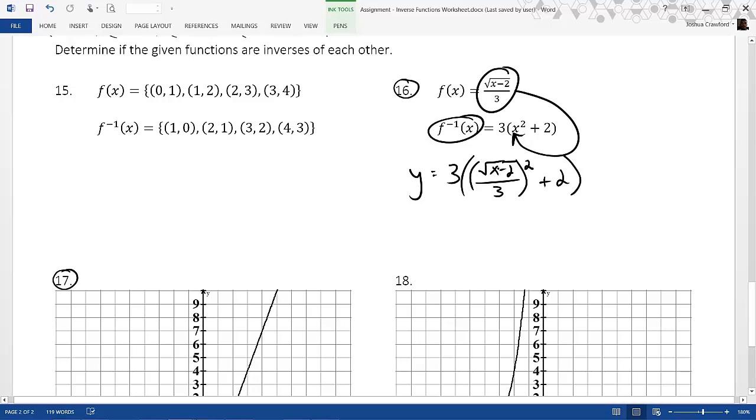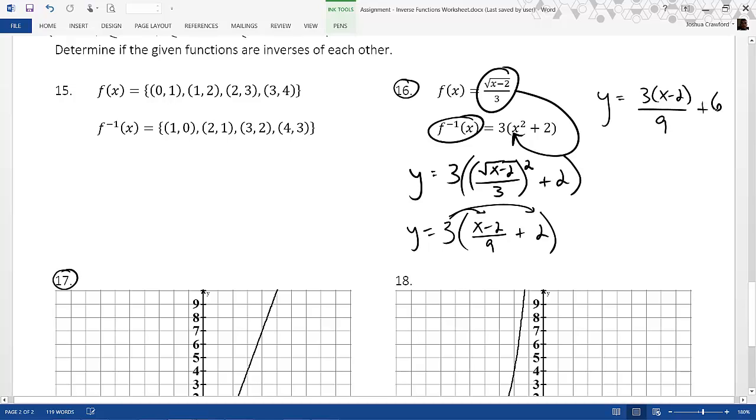Squaring the top will get rid of your square root. So you'll have y equals 3 times (x minus 2) divided by, now square the bottom, 3 squared is 9, plus 2. Now distribute this 3 to the inside. You'll get y equals 3(x minus 2) divided by 9 plus 6.